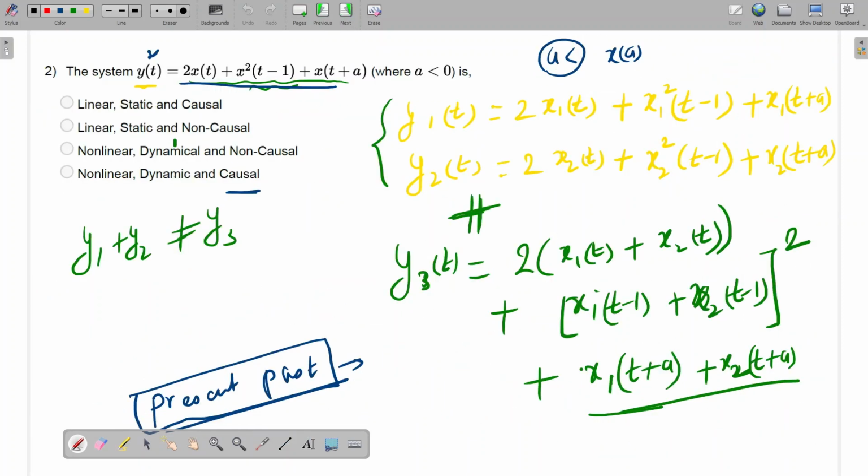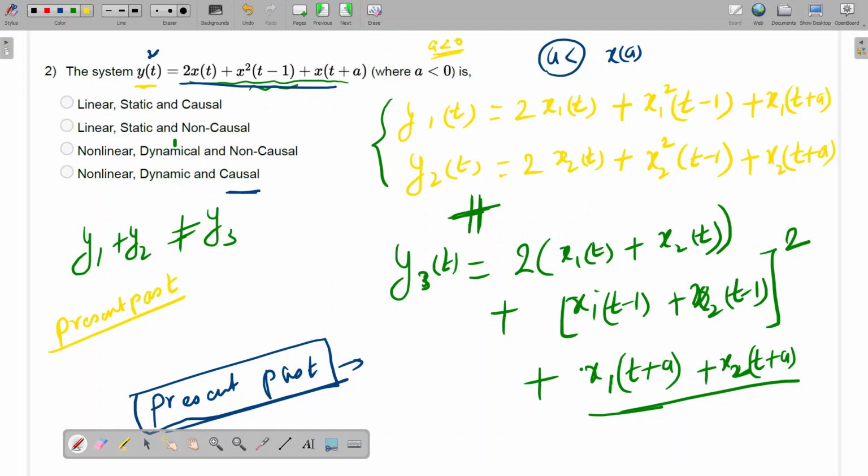Causal and non-causal. See, if it depends on a future value, then only it will be non-causal. If it depends on present and past, then it will be causal. So here y of t is 2x of t plus x square of t minus 1 plus x of t plus a, where a is less than 0.